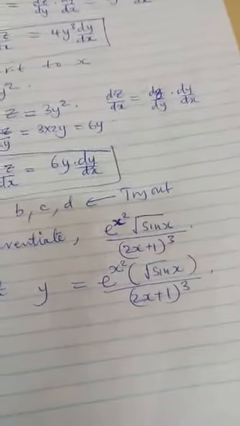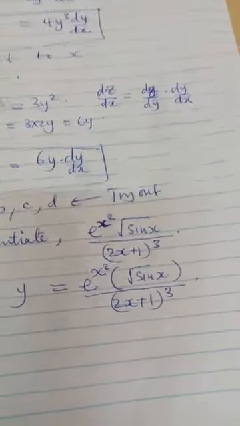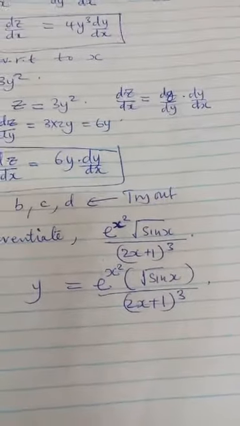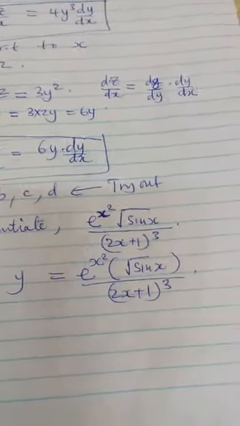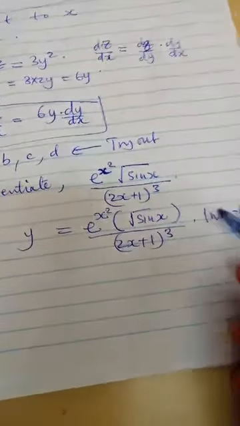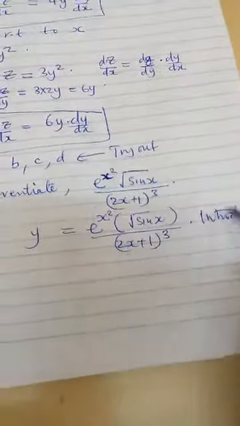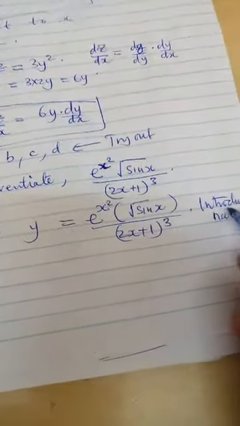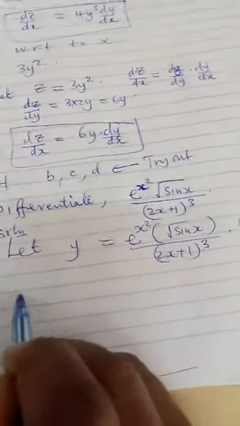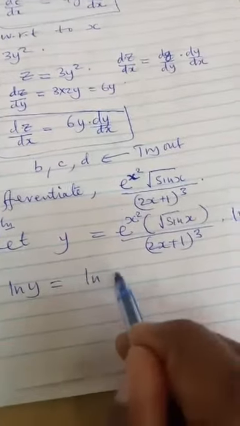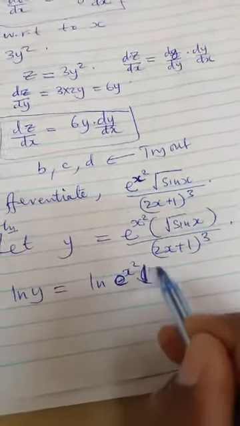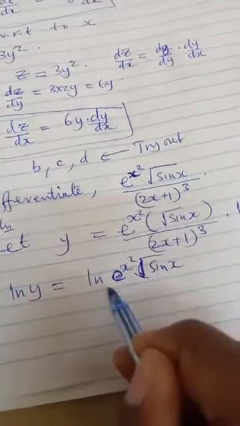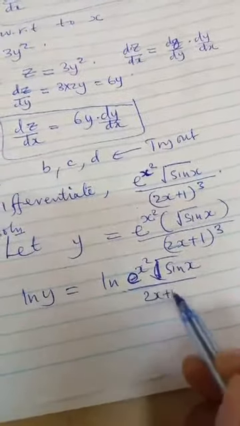And now, if we let this be the case, remember that we are looking at logarithmic functions. We will have to introduce the natural log on both sides. We say the natural log will make such differentiations easy. Introduce the natural log. And let this be ln of y being equal to ln of e to the x squared root of the sine of x over the 2x plus 1 cubed.